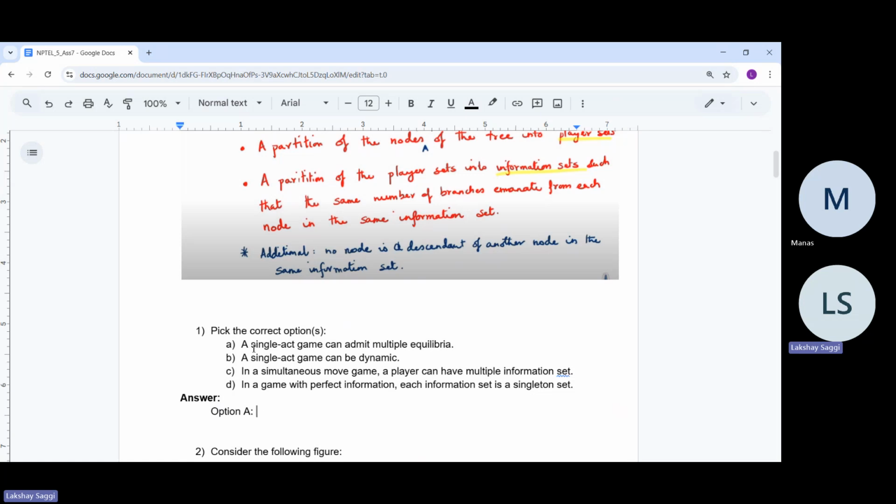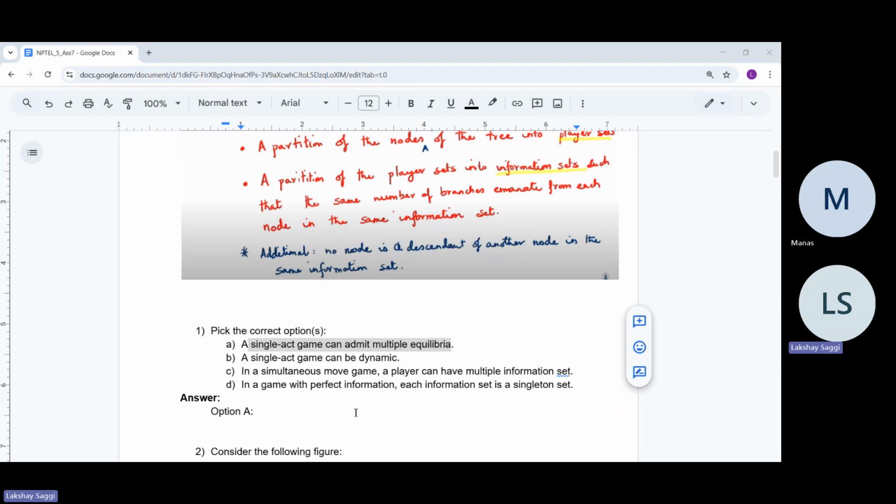There was this whole discussion of single act games admitting multiple equilibria, around how a single act game can be thought of as a combination of some dynamic games and some simultaneous games. Then you can say that the Nash equilibrium of the simultaneous game will also correspond to a Nash equilibrium of the whole single act game.